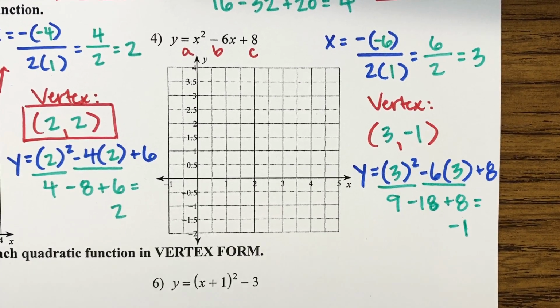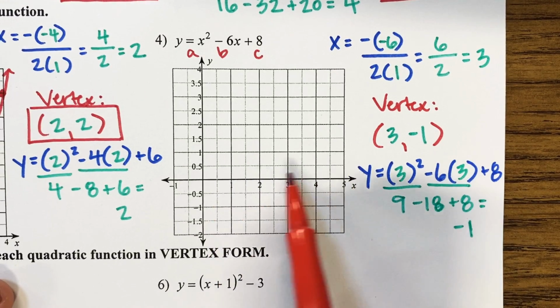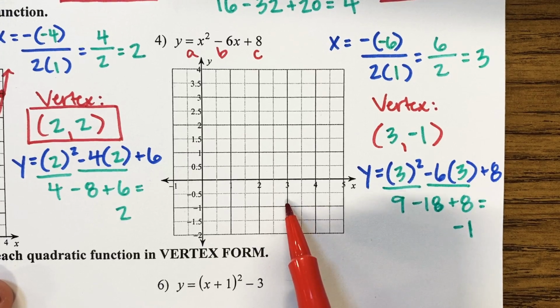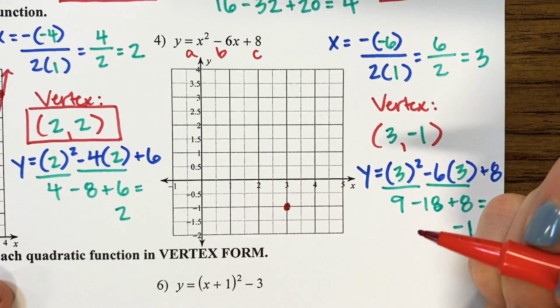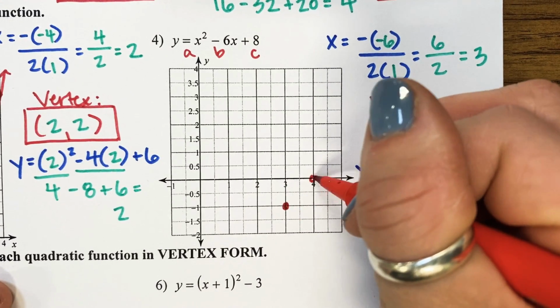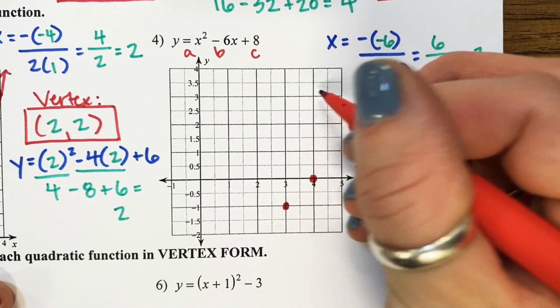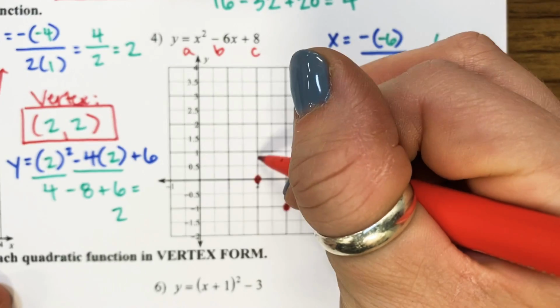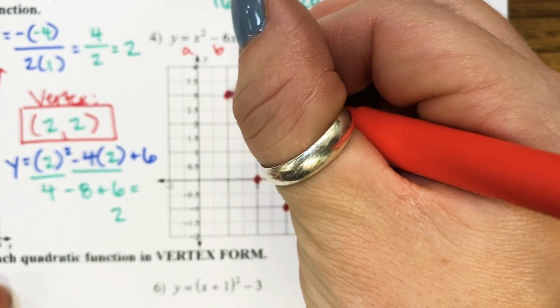Okay, so let's go ahead and graph that. We're going to find positive 3 on our x-axis and down to negative 1. Okay, now we can go up 1 over 1 and up 3 over 1. Mirrored on the other side, up 1 over 1 and up 3 over 1.